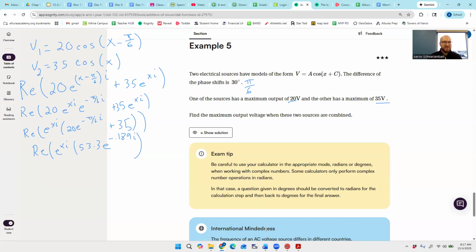We factored out e to the xi, and I just converted the middle back to Euler. So I added them with the calculator and converted back to Euler form. The calculator says convert to polar, but Euler and polar are a direct conversion. Now the numbers changed.